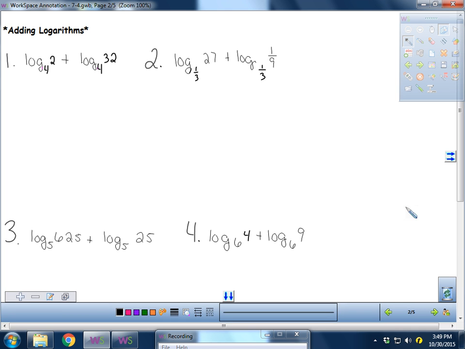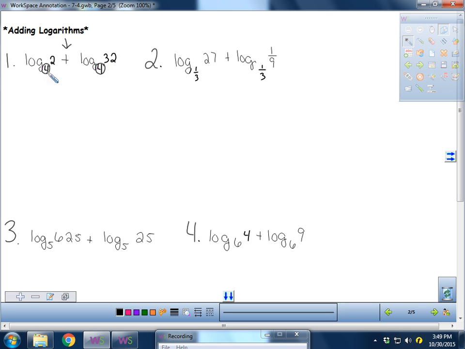Okay, so we've got number 1 here. Log base 4 of 2 plus log base 4 of 32. The first thing you notice is that you're trying to add two logs, so I'm going to check the bases. I have a base of 4, and I have a base of 4.